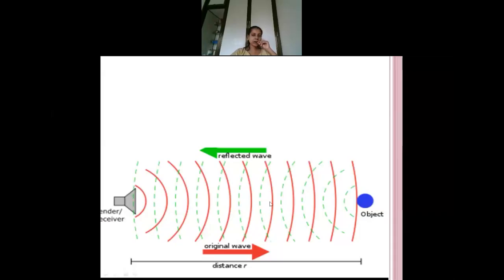These sound waves are sent through the body to the object, maybe to the heart. So sound waves travel to the heart, and then they will reflect back the echoes. These echoes are caught back, and then it will be seen through the TV screen.